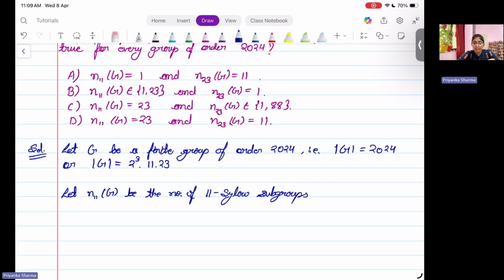It is to be noted that the order of an 11-Sylow subgroup will be 11 and the order of a 23-Sylow subgroup will be 23, because in the prime factorization we have 11 to the power 1 and 23 to the power 1 as well.